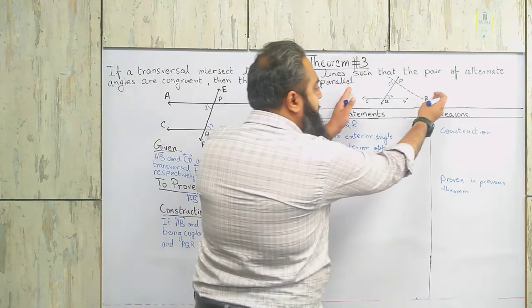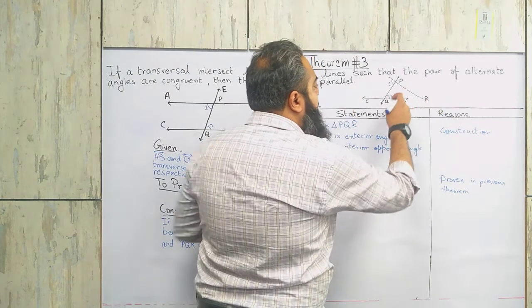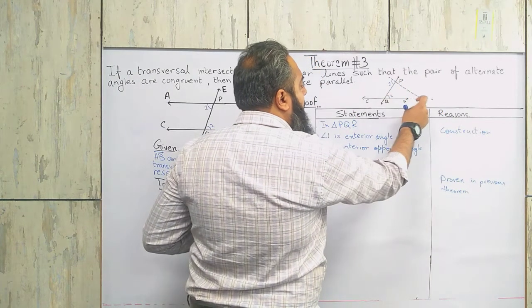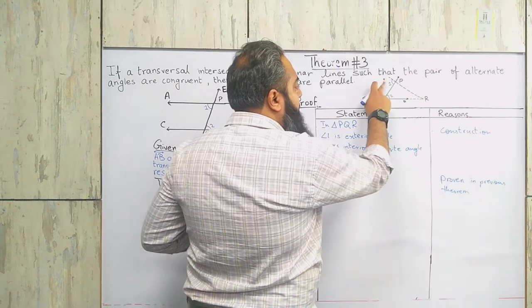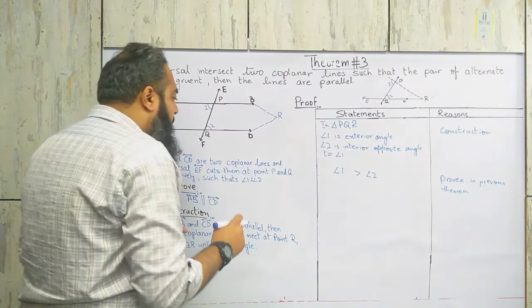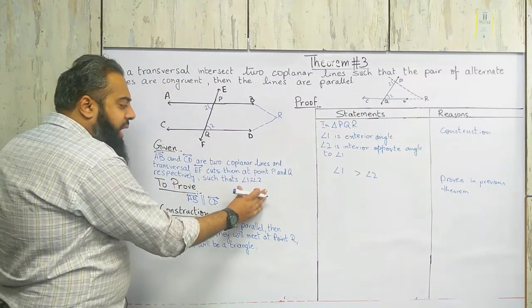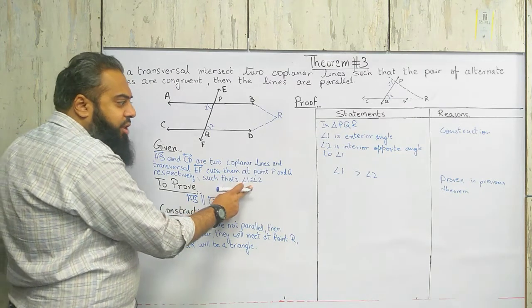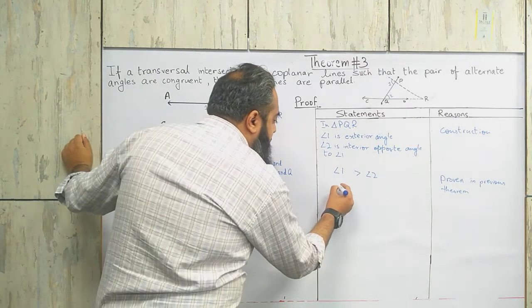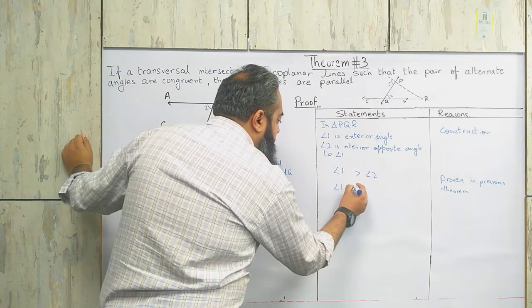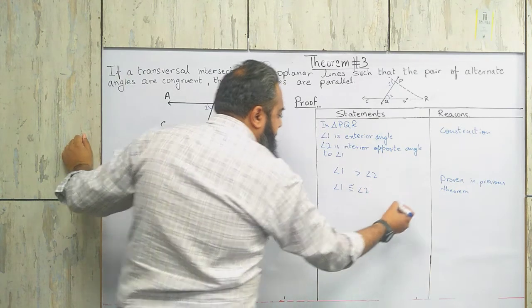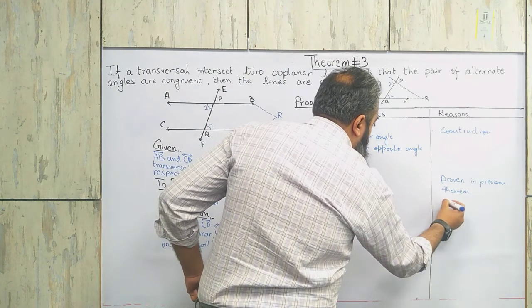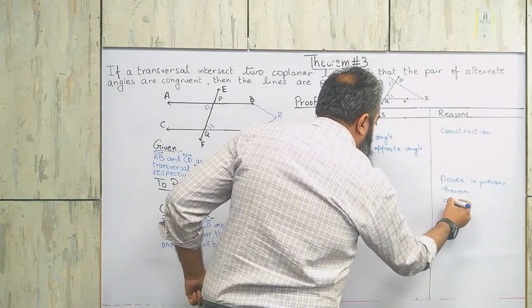But what do we have in figure 2? By considering figure 2, if PQR is a triangle, angle 1 will be an exterior angle, but what do we have here? We have that angle 1 and angle 2 are congruent to each other. It's given.